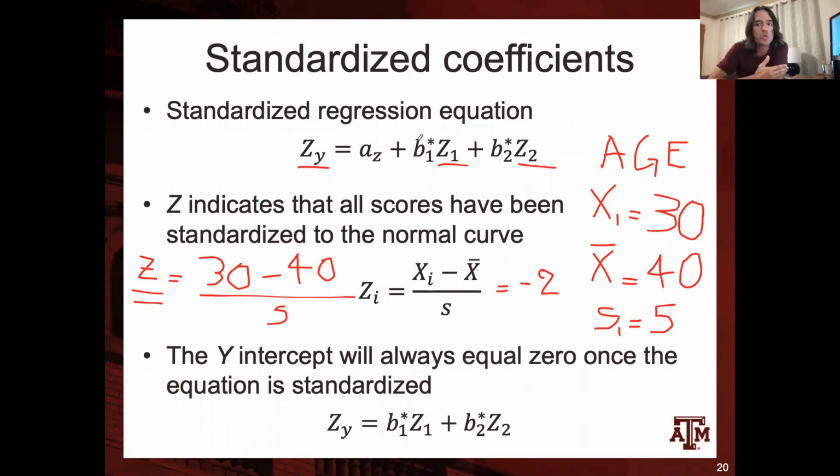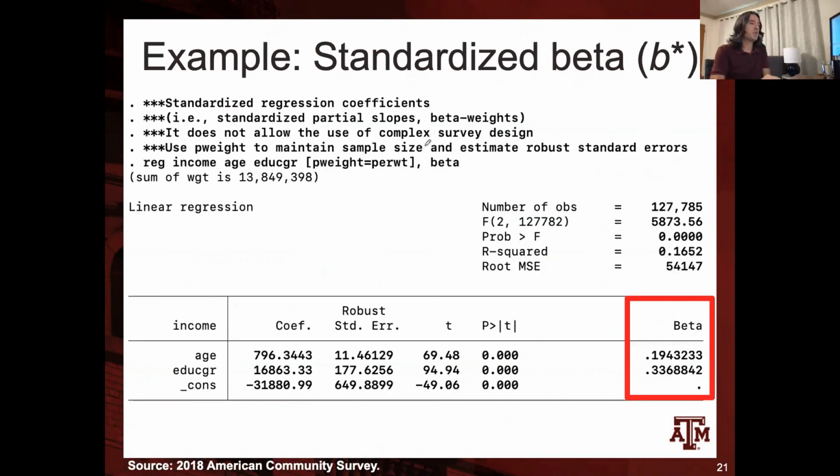But we don't need to do that in Stata, right? We don't need to create zy based on y, or z1 based on x1, or z2 based on x2. Stata already calculates the B star, the standardized coefficients, simply by including this option after the regression.